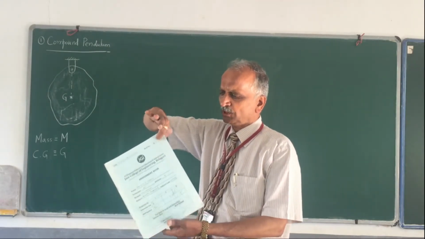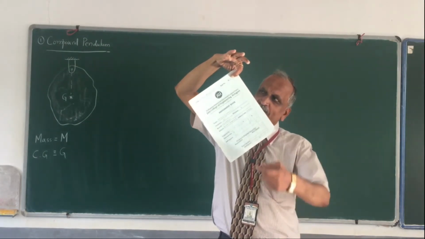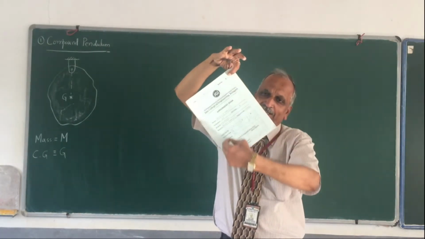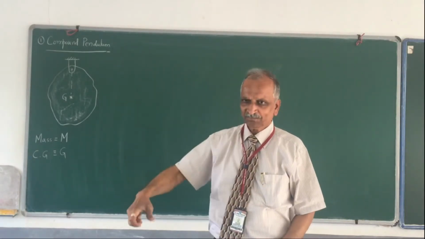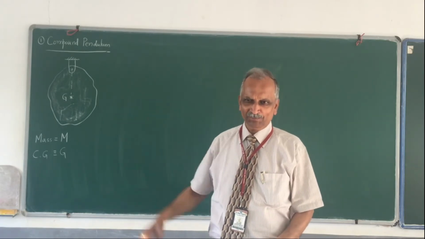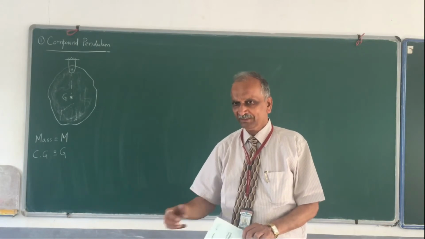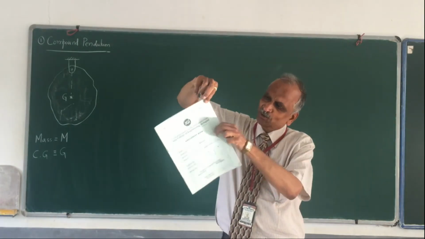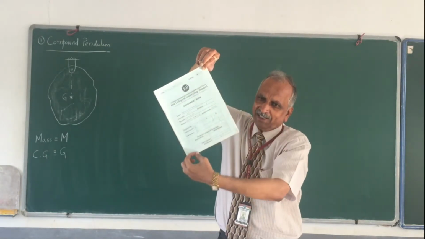Then you suspend it at some point. So you hold it, then you draw a vertical line. How do you draw a vertical line? Probably you can take thread and attach a heavy bob. I think you might have seen it with masons. They have thread and a heavy bob inside. Similarly, you take the thread and the heavy bob, then definitely that line is vertical.